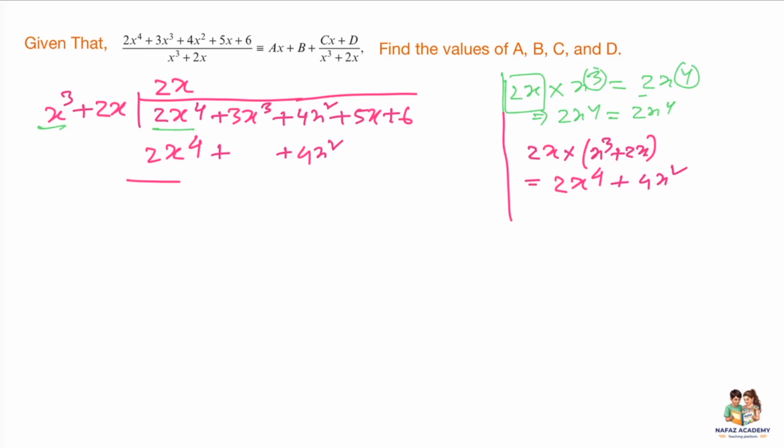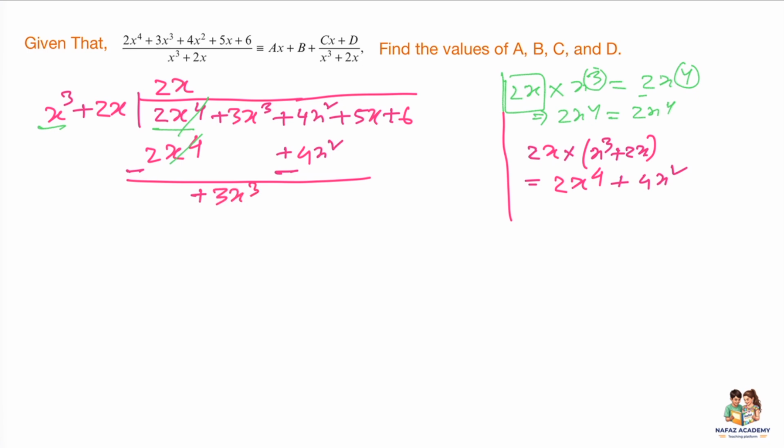Yes, I'm leaving a gap for the degree x cube. So just under the x square, I'm writing the 4x square under the 4x square. 2x to the 4 minus 2x to the 4 cancel out.